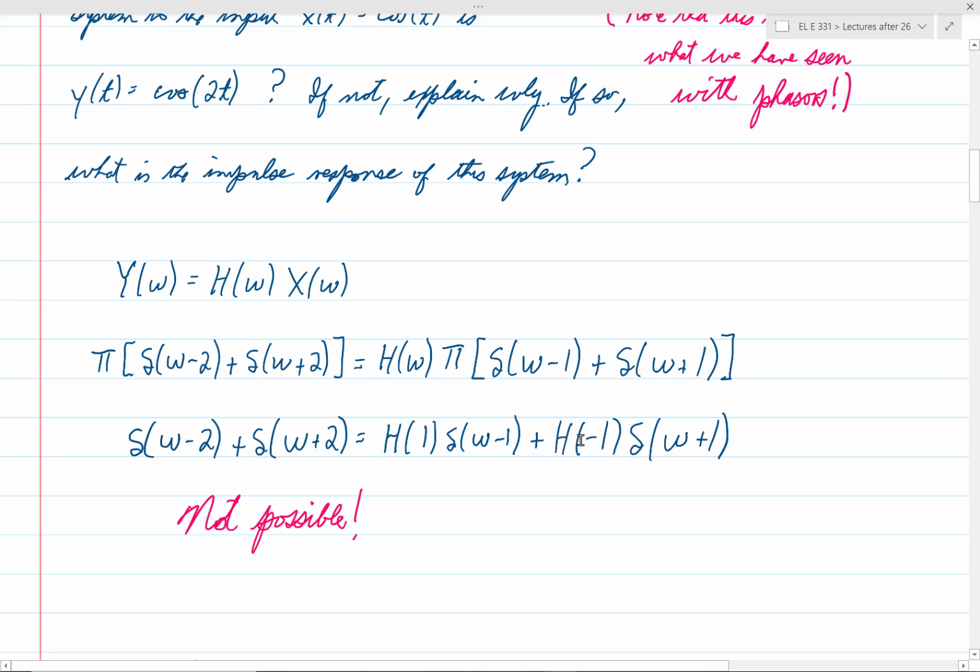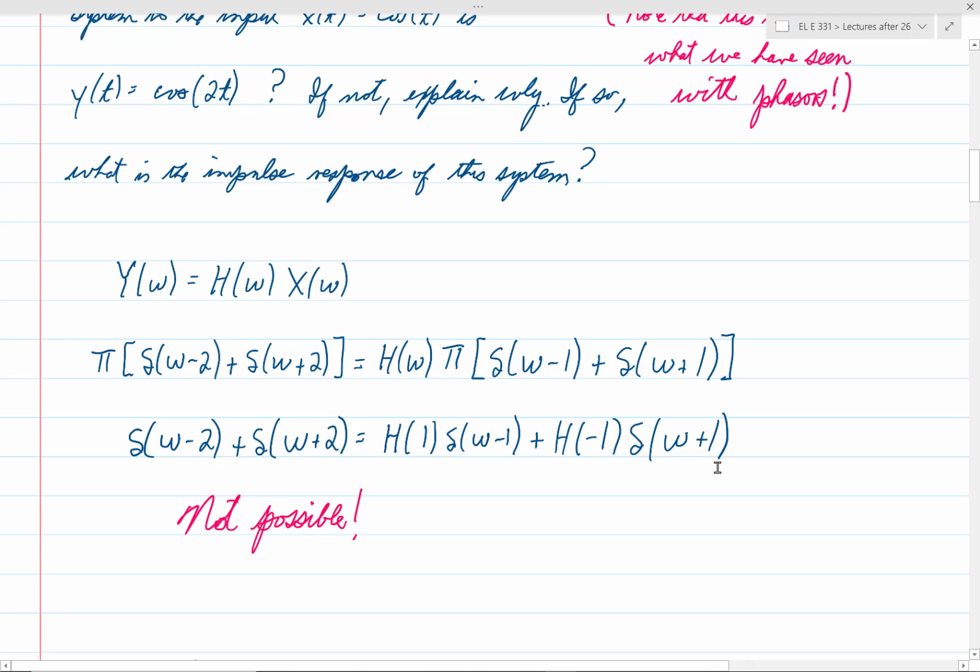of minus 1 times delta of omega plus 1. So if you look at this equation now, after we've done that and canceled the pi's, we get delta of omega minus 2 plus delta of omega plus 2 is H of 1 delta of omega minus 1 plus H of negative 1 delta of omega plus 1. And you can see this is just not possible because the left-hand side is equal to 0 everywhere except at omega equals plus or minus 2, and the right-hand side is equal to 0 everywhere except for omega equals plus or minus 1.